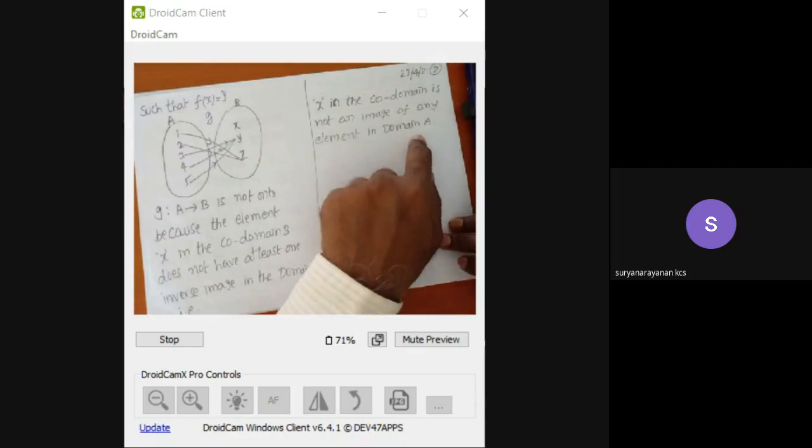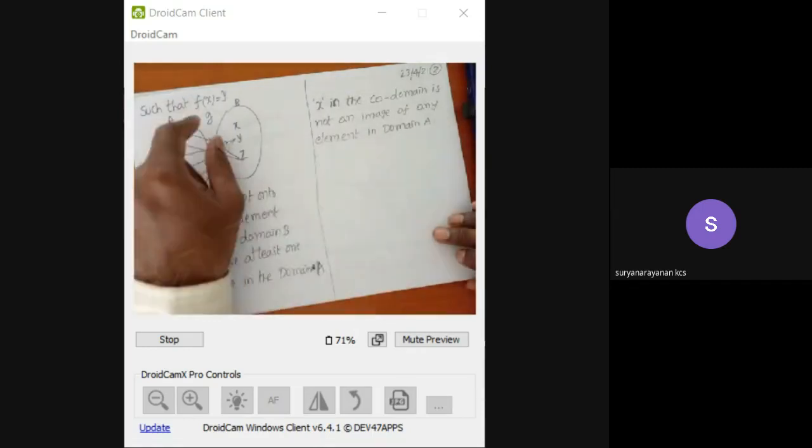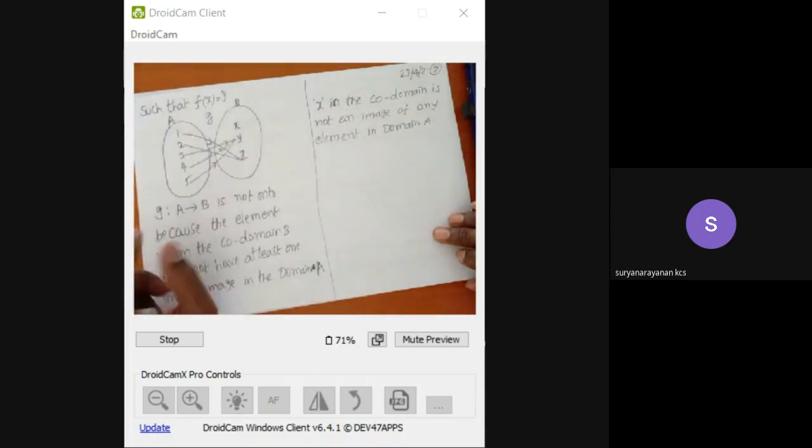This is why this function is not surjective. Understood this point, my dear children?